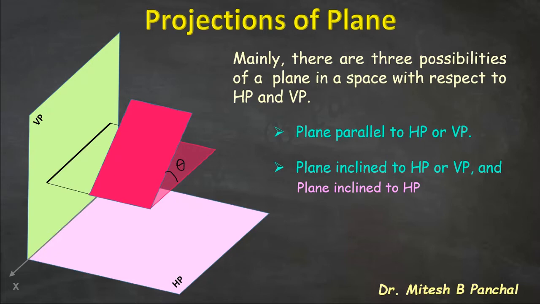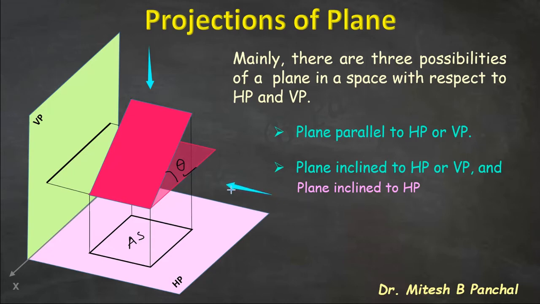When we are viewing this plane from the top direction, the top view will appear as a rectangle that won't be a true shape, but an apparent shape. Again, this apparent shape depends on theta, the inclination of the plane with HP.